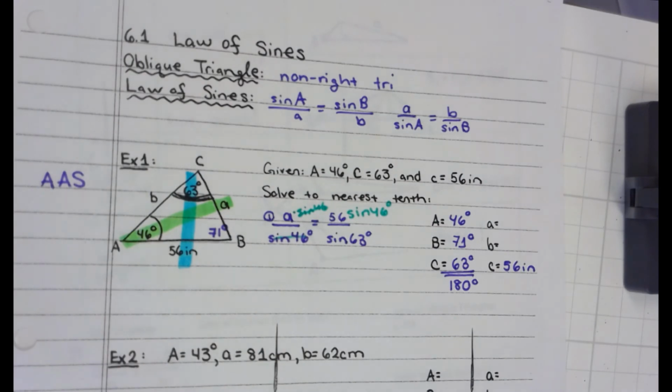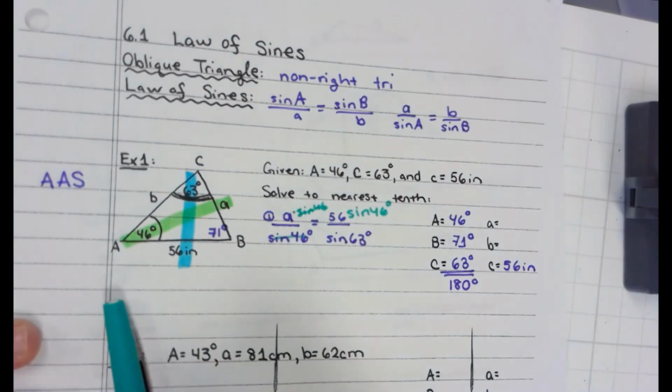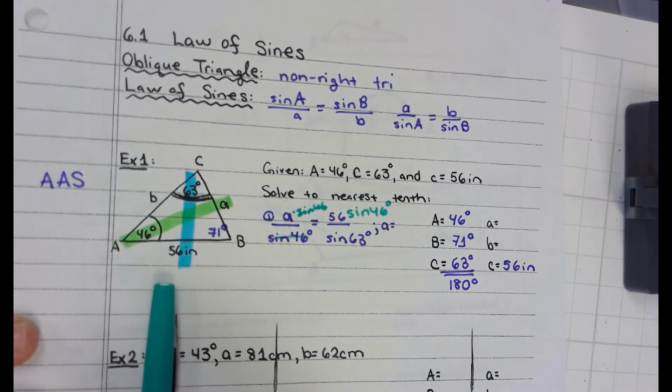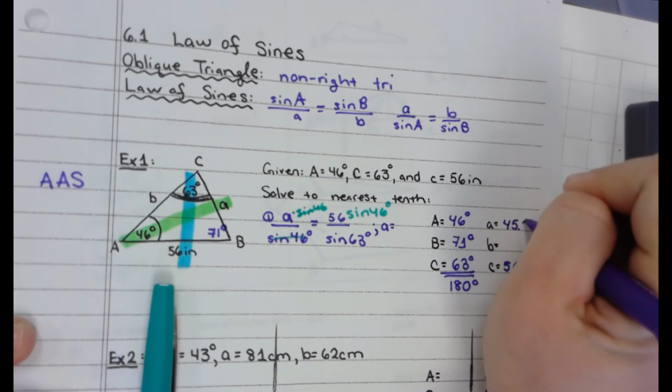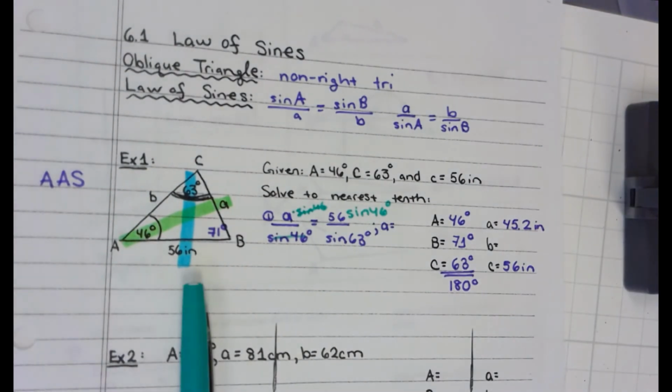Okay, start typing this in. Watch your parentheses. 56 times sine of 46 divided by sine of 63. Watch your parentheses. And I'm seeing like 45.2. Does that sound right? Okay, good. Now, before I move on, I want to make sure I feel good about this.